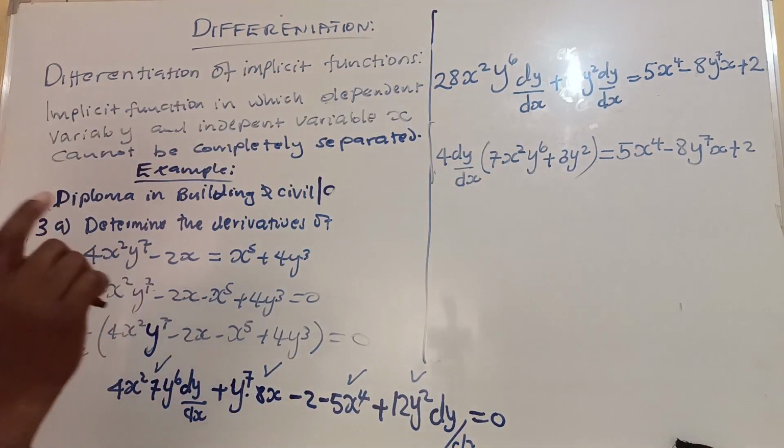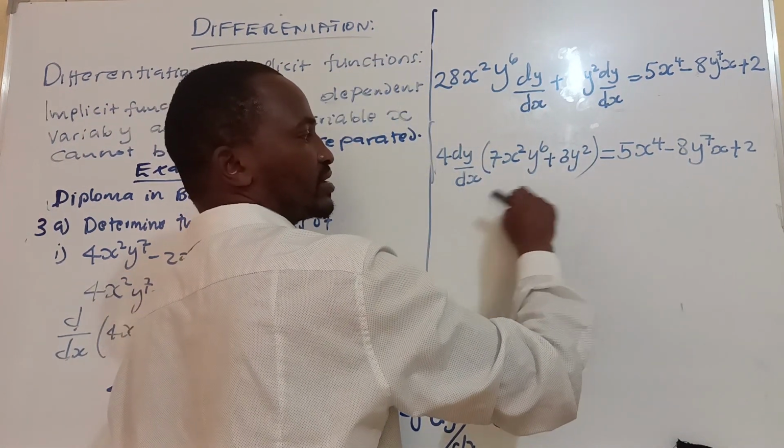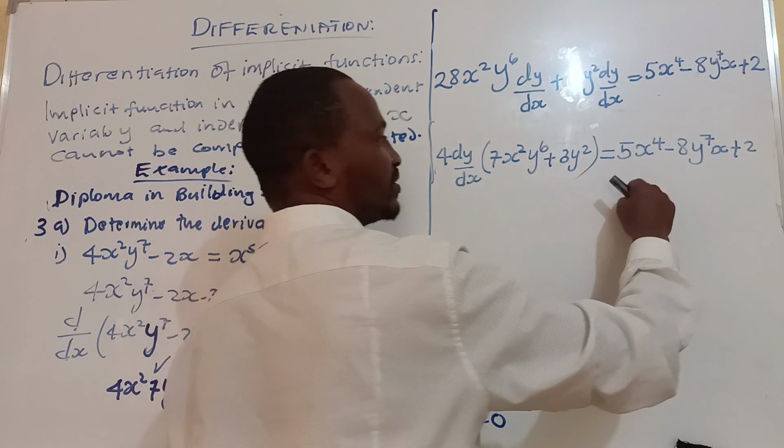We want dy/dx, so you are going to divide everything that's not dy/dx. You are going to divide on this side and on this side.